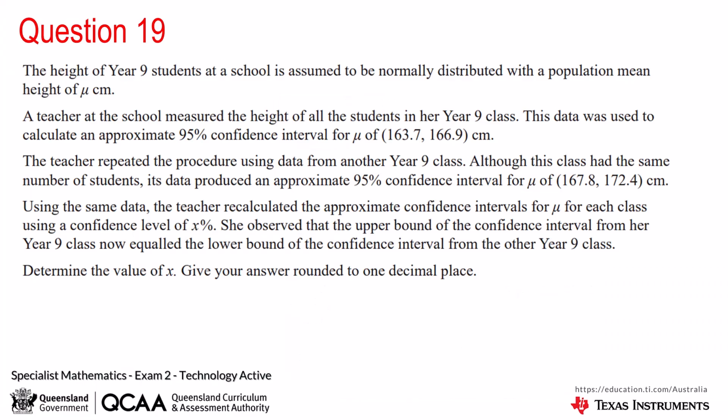Question 19, the final question in the paper, is worth 7 marks. The height of Year 9 students at a school is assumed to be normally distributed with a population mean height of mu centimetres. A teacher at the school measured the height of all the students in her Year 9 class.